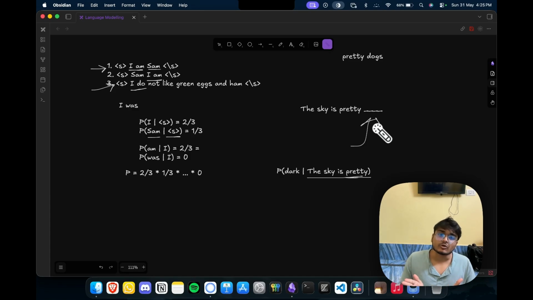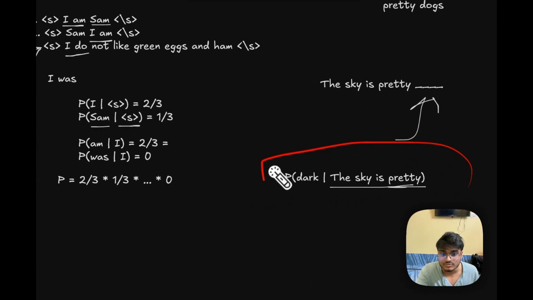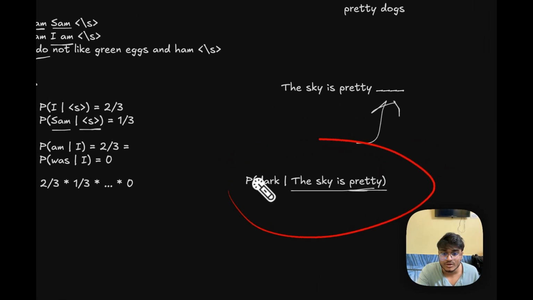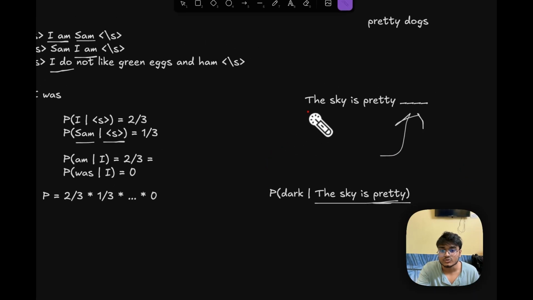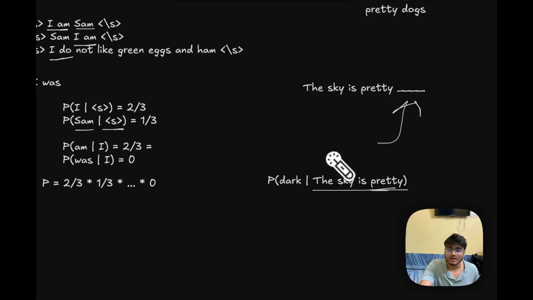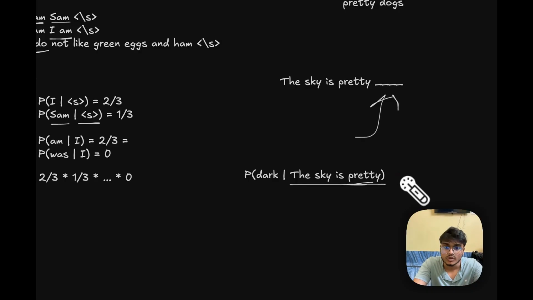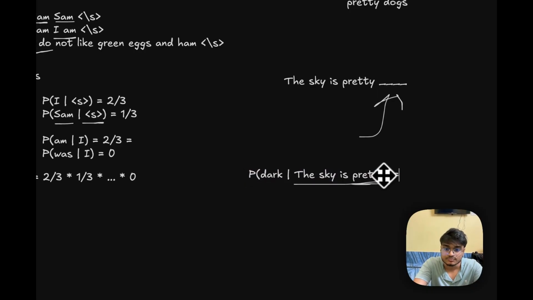You may think it could be blue, it could be dark. The probability of dark is higher, but you have to calculate it like this. You are assuming that this word will exist there, and you have to find the probability for "dark". So this will basically be equal to something like this.